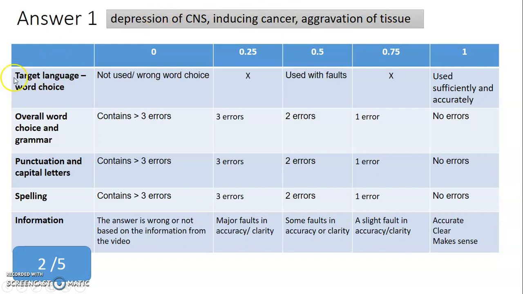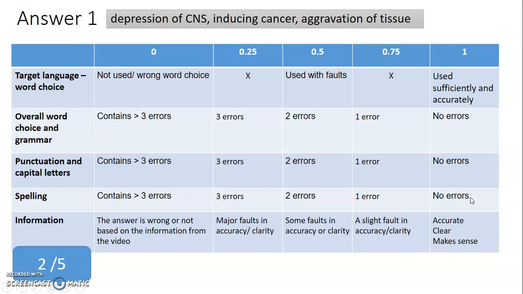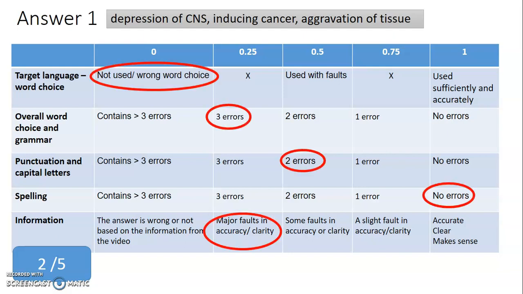And also the target language, the phrases from Appendix 1, which is in brackets, stated cause and effect and given examples, is not used in the first answer. So this is the mark Miss Maria gave to this answer, 2 out of 5. You can take a look and try to understand why.